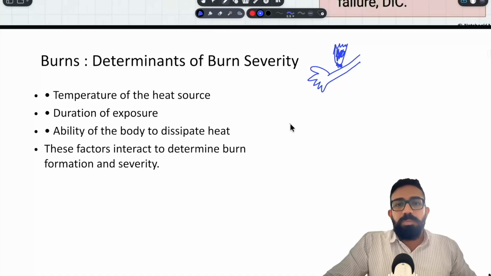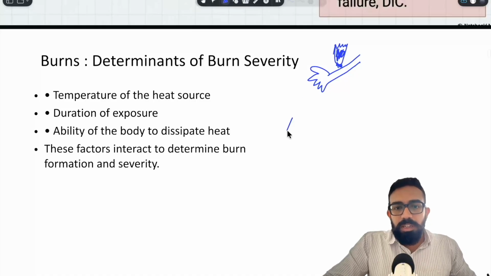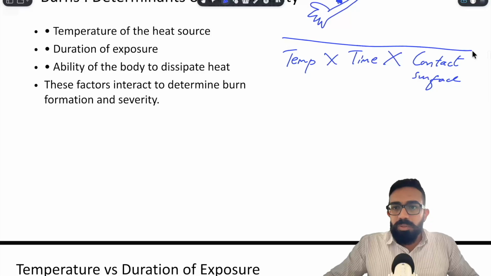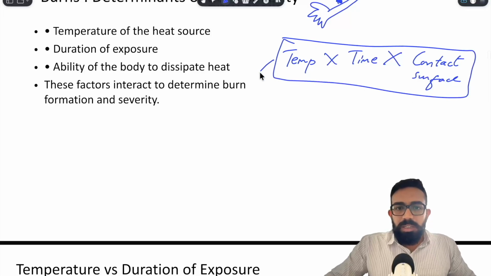Time is also important. So what's important is temperature into time, into contact surface. This whole thing is going to decide the direction and prognosis of burn injury.